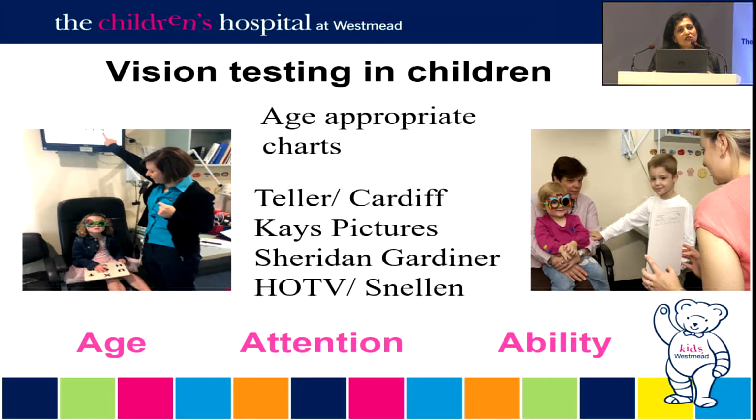The vision measurement not only depends on the age, but also on the child's attention and ability. With a very young infant, a very uncooperative child, or a child with developmental disability, you might have to modify your vision testing accordingly. And sometimes all you may get is a fix and follow, or a central steady maintained fixation, or even just equal objection to cover.